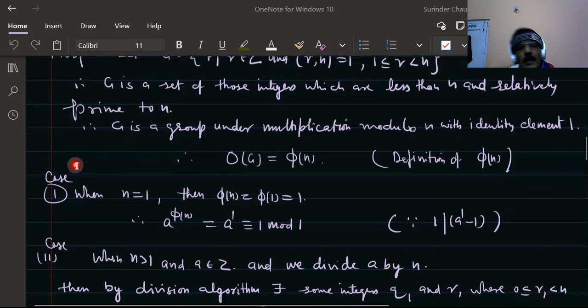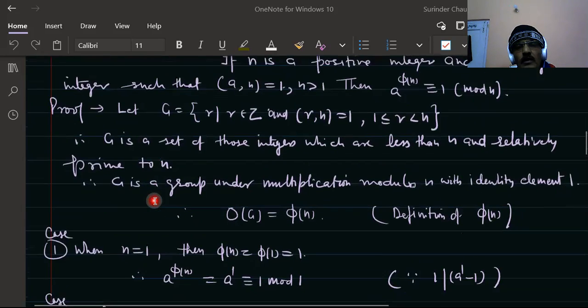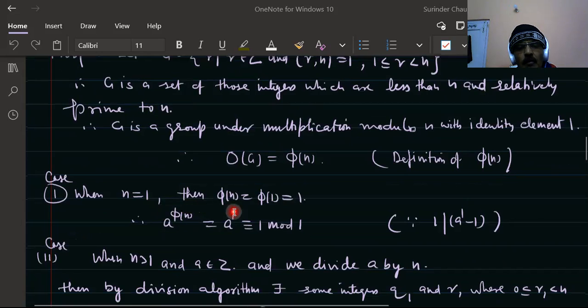Two cases will arise. First, when N is equal to 1, then phi N is equal to phi 1, which is equal to 1. So if we replace phi N by 1, a to the phi N is congruent to 1 modulo N, this implies a to the 1 is congruent to 1 modulo 1.